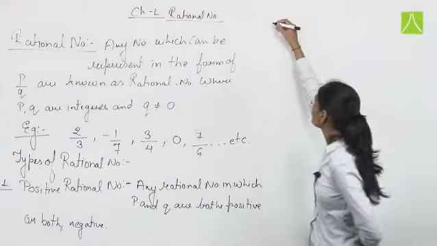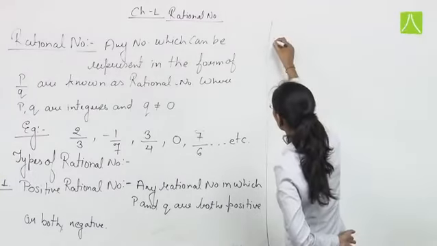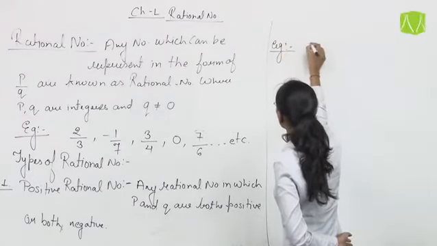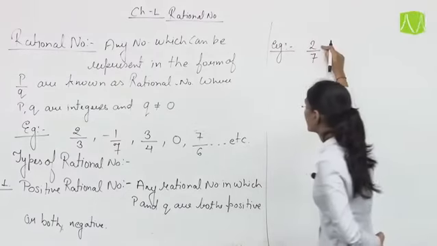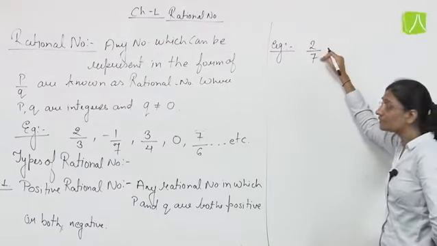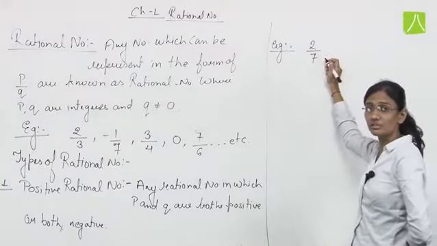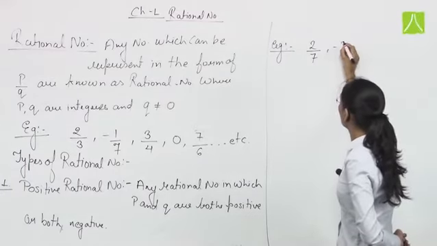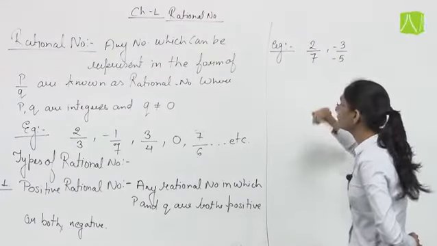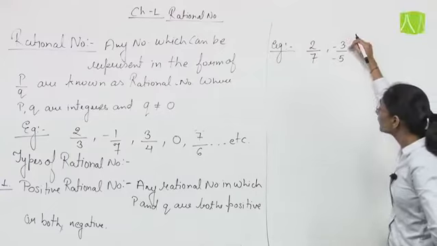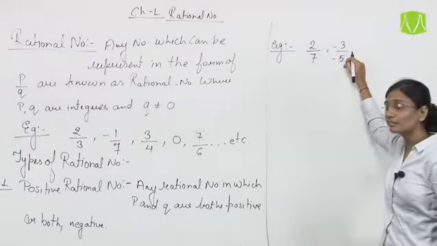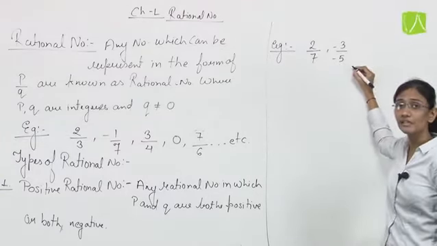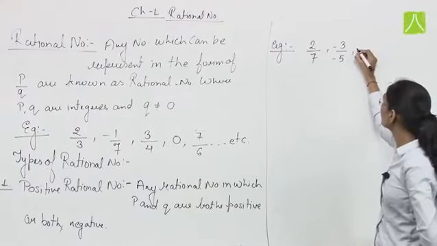For example, 2 by 7: numerator and denominator both are positive, therefore 2 by 7 is a positive rational number. Minus 3 upon minus 5: again numerator and denominator both are negative, therefore minus 3 upon minus 5 is a positive rational number.